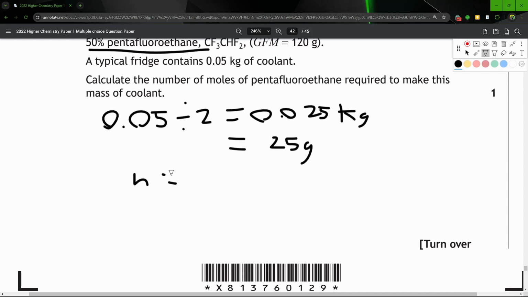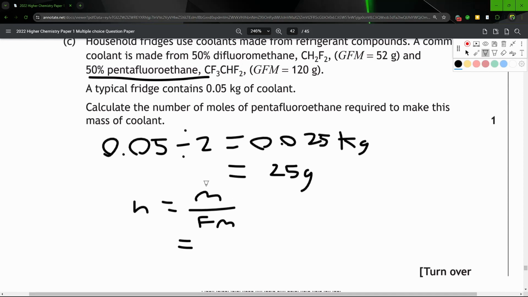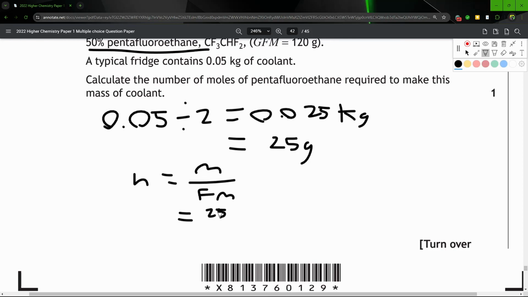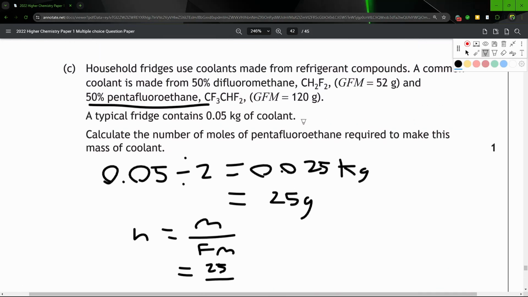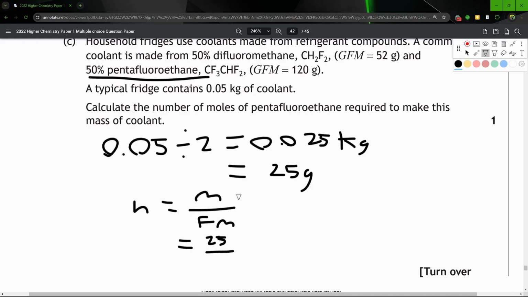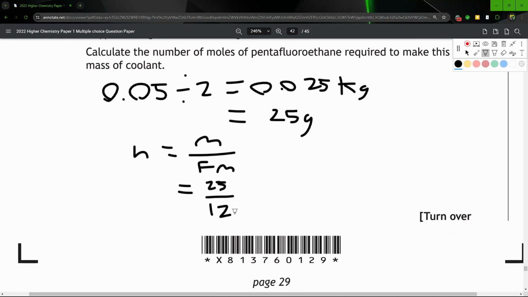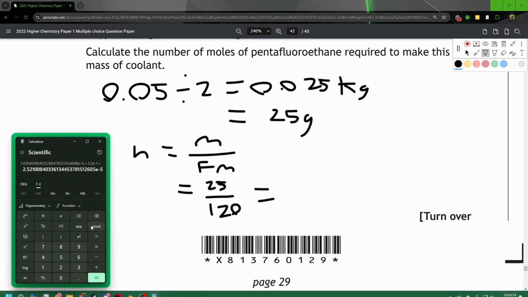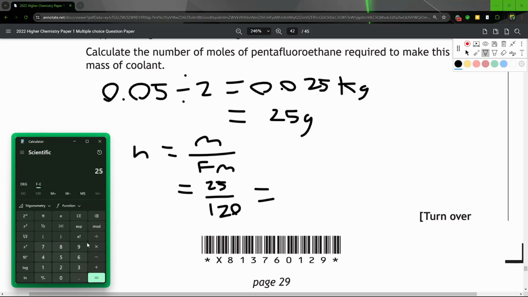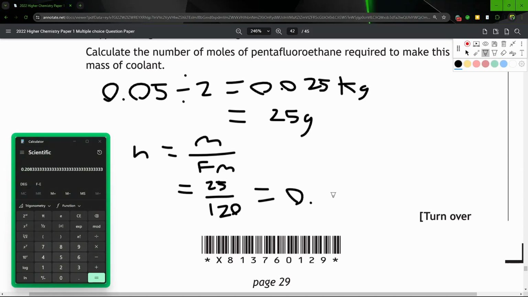So then we go n equals m over Mr. m is 25, and the formula mass would be 120. So the number of moles would be 25 over 120, and that would be 0.208 moles.